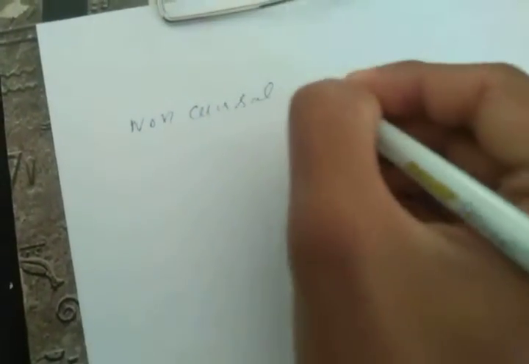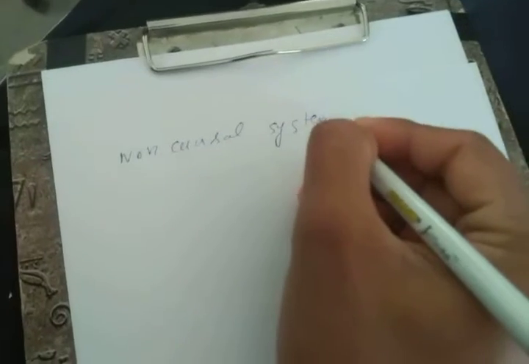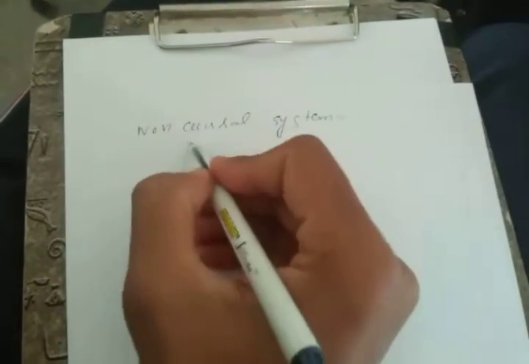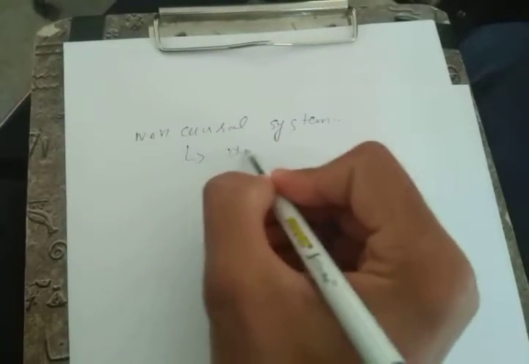Let's discuss the second system, which is the non-causal system. Non-causal systems are those systems in which our value depends on the future value of our system.